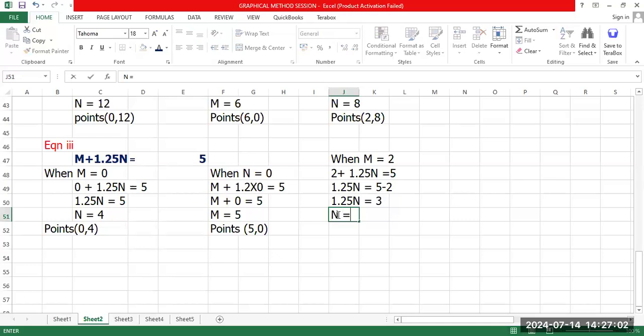Then my n is equal to 3 divided by 1.25. What do you get? I'm waiting. 2.4. Then here points to plot. It's 2 and 2.4.